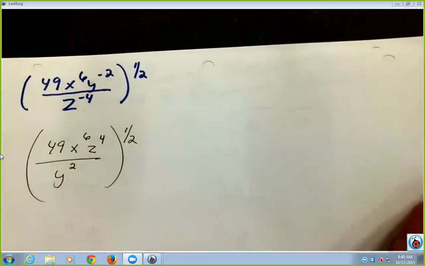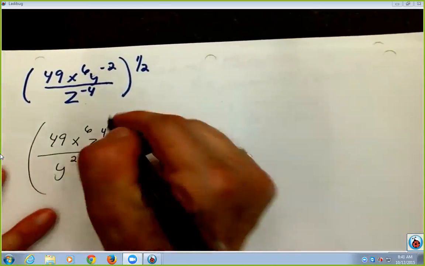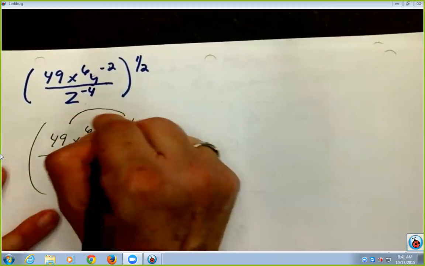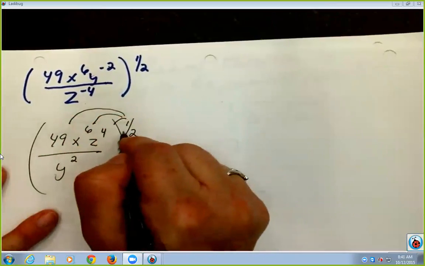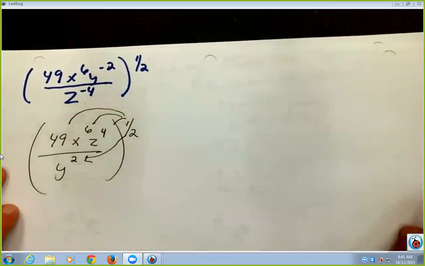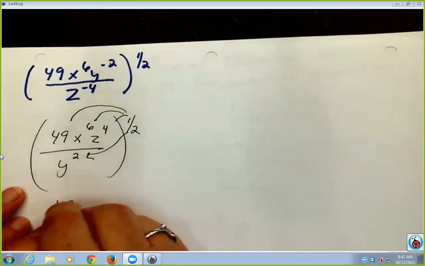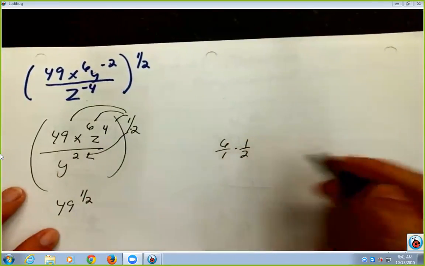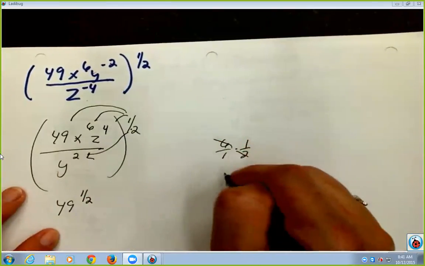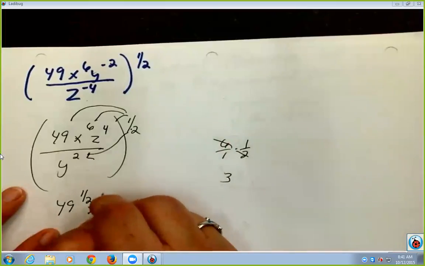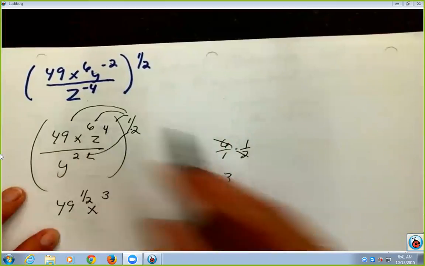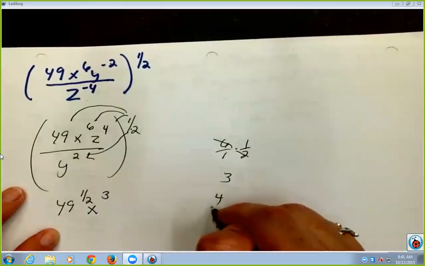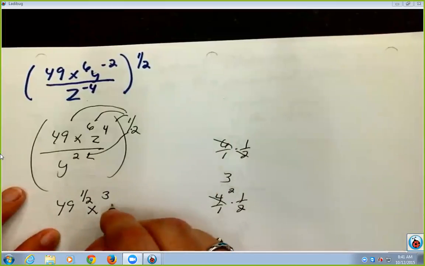Then do your 1/2 of everything. So distribution, everybody, including the 49, gets a half. So 49 to the 1/2. X to the 6 times 1/2. So 6 over 1 times 1/2 is really plain old 3. Z to the 4th times 1/2 is really 2.